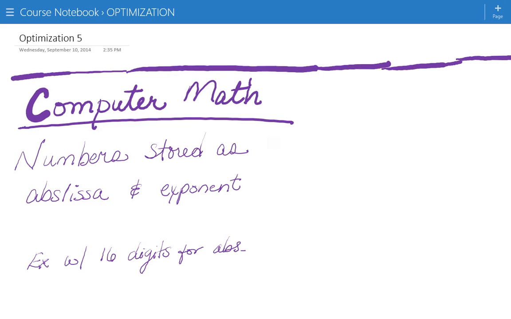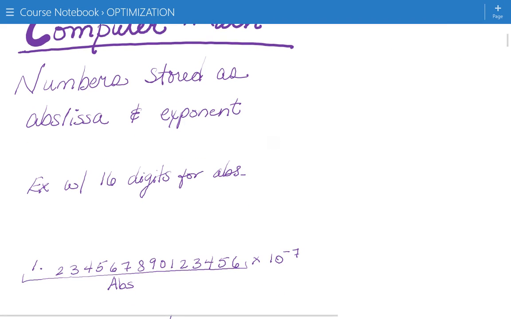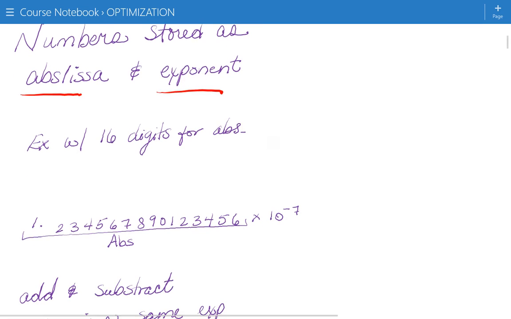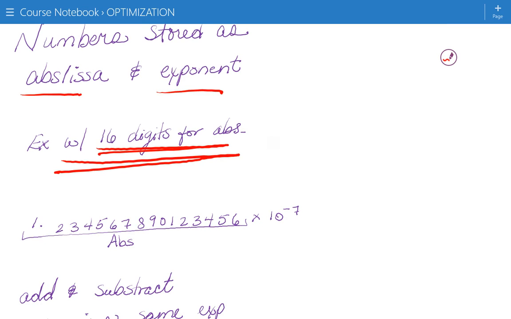Numbers are stored specifically as two components, an abscissa and an exponent, and we consider there's a certain number of digits available to the abscissa. So let's think of a 16-digit abscissa.